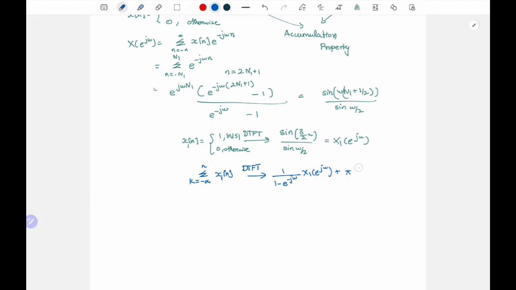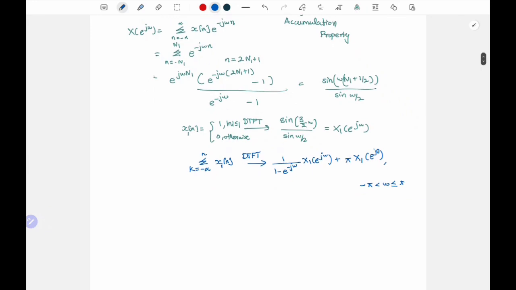Which is nothing but π times X1(e^{j0}), and you will have it repeated every 2π interval, but since you are considering only from minus π less than ω less than or equal to π, only this is sufficient. So we need to find your X1(e^{j0}).